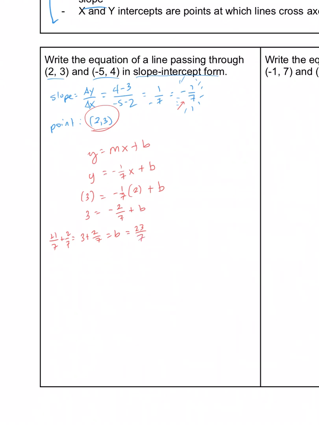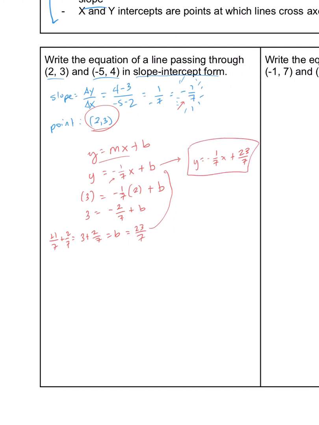Now, my equation was y equals mx plus b, right? And I know my m was -1/7. Now I know my b, which was 23/7. So it's -1/7 x plus 23/7. And that would be my slope-intercept form.